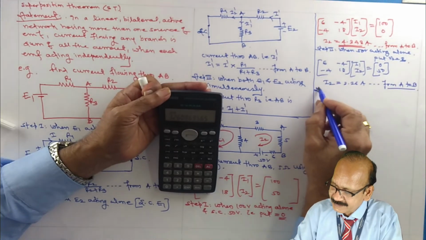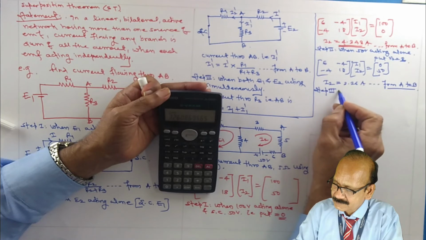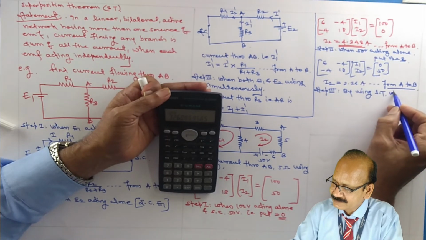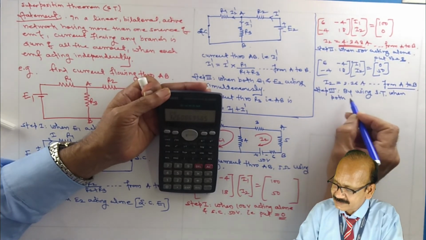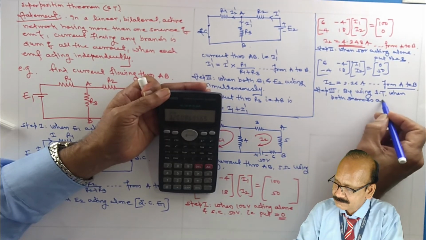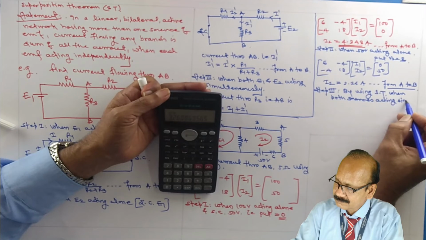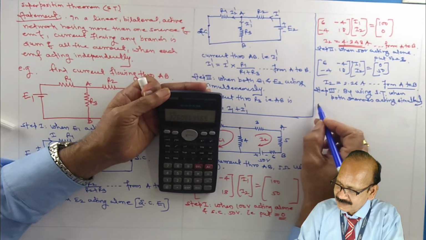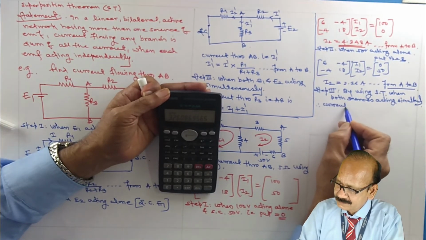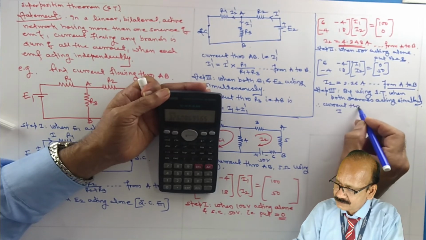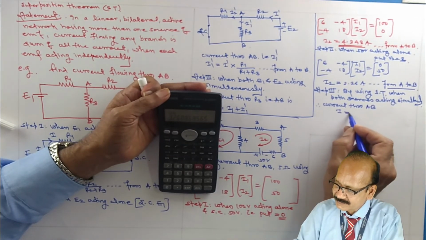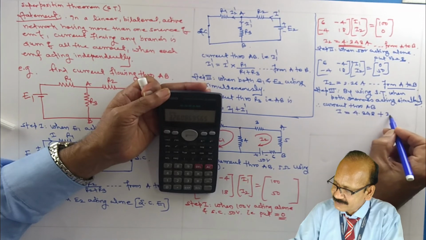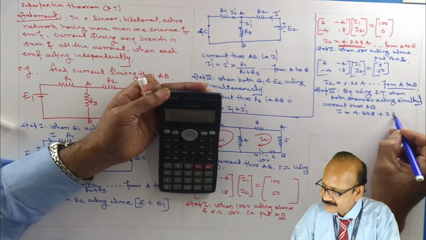So step 3. By using the superposition theorem, when both sources are acting simultaneously, the current I flowing through AB is equal to 4.348 plus 3.26.